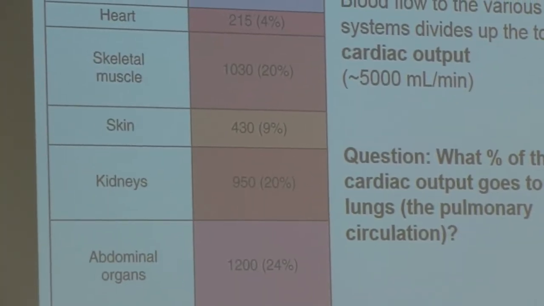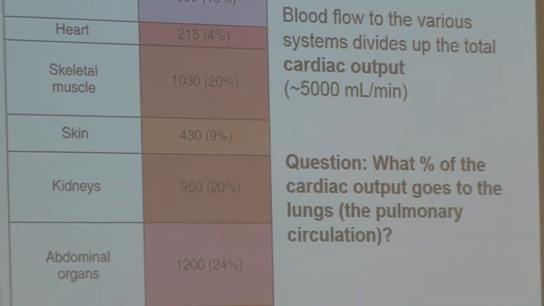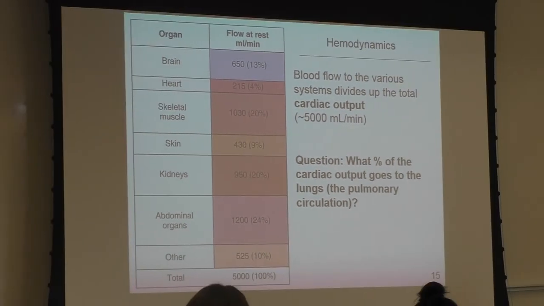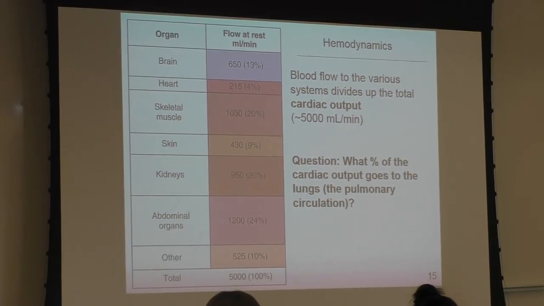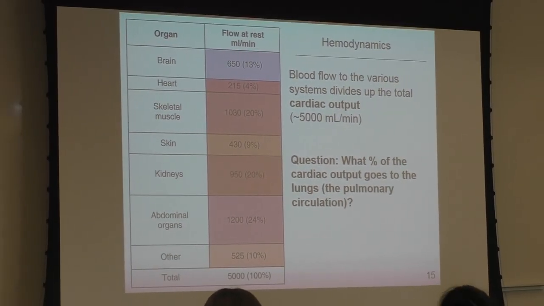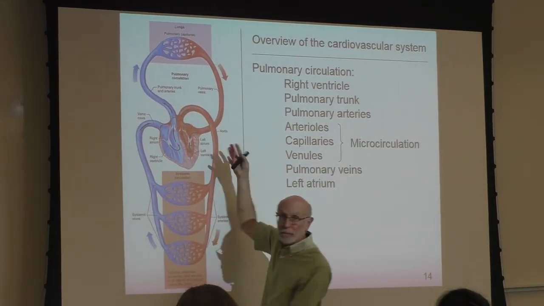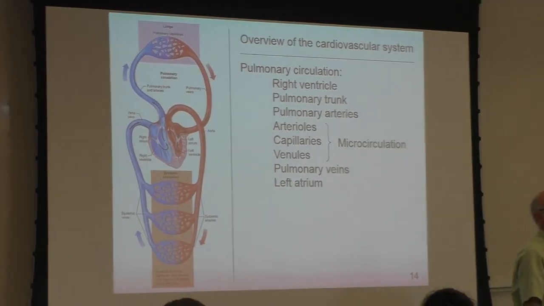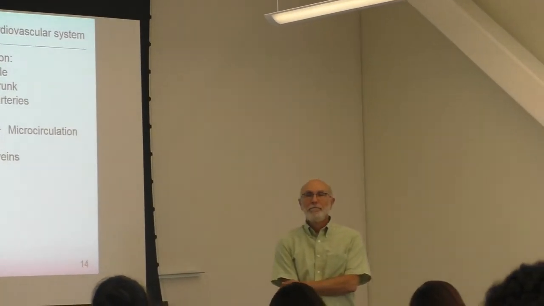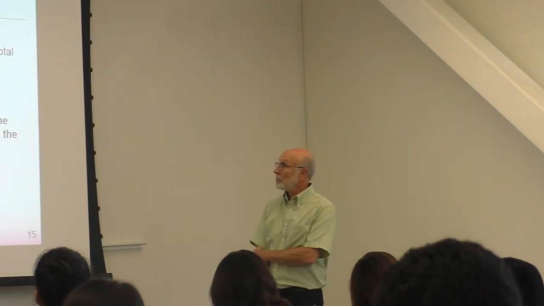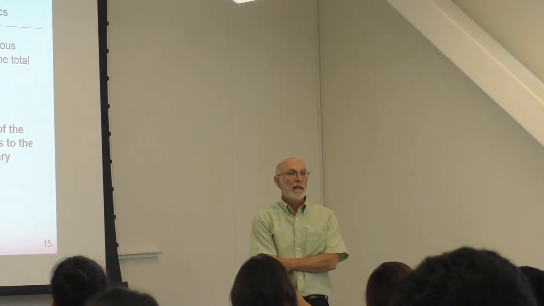Okay, so I'm just introducing some of the terms. The output of the heart, the amount of blood being pumped out of the heart, is called the cardiac output. And it's in units of liters per minute or milliliters per minute.